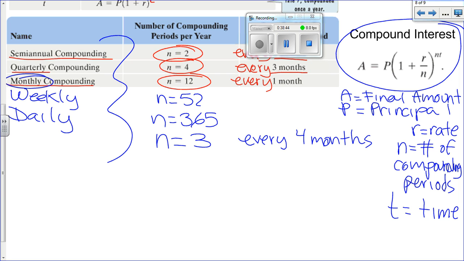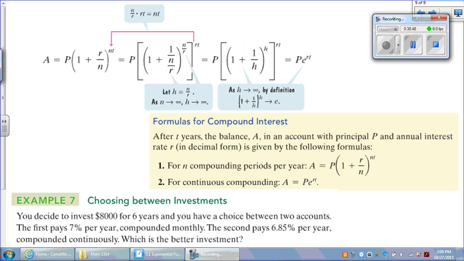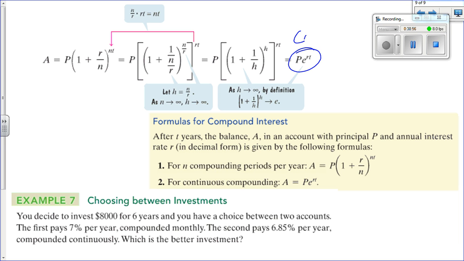So let's go to the next slide. Here is a way to derive the next formula that we're going to look at, and that will be the one for continuous compounding.